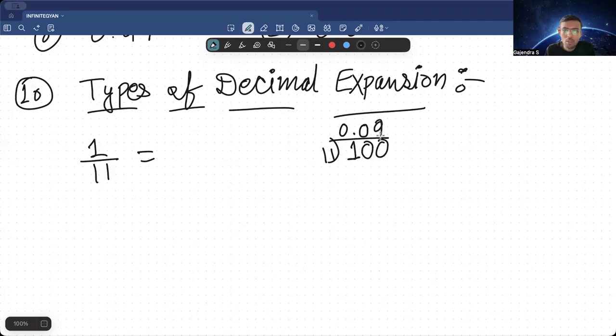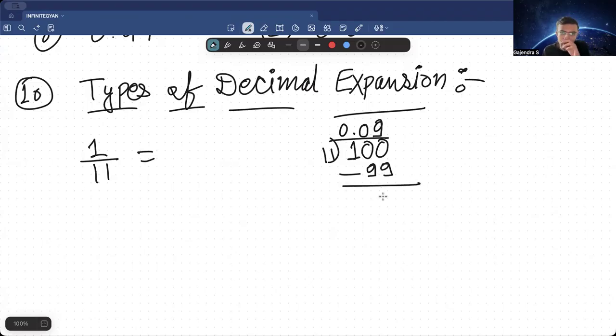Now number of nines, 99, or you will just say 9. Correct. So what you will do? 99. Sorry, my bad. Okay, now. So here it is.